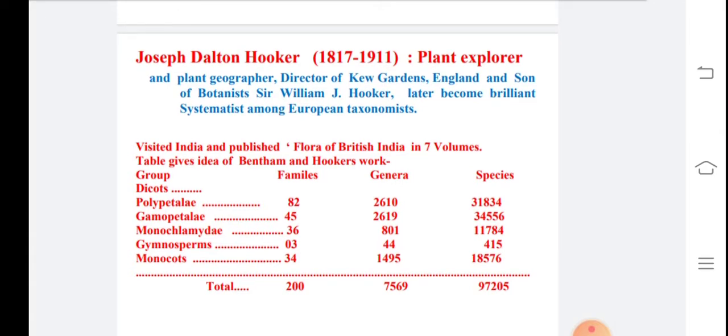The families were 82, then gamopetalae 45, 36, gymnosperms 3 families and monocots 34.